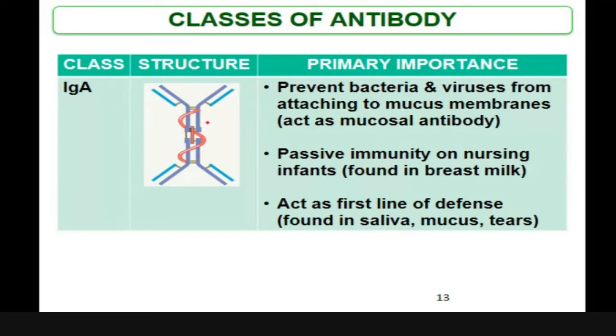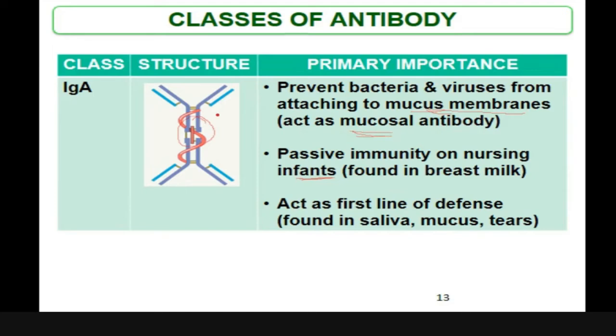IgA pula. IgA is a combination of 2 antibodies. It will prevent bacteria and viruses from attaching to mucous membrane. Ni contoh mucous membrane biasa kita dekat hidung kita, dekat esophagus, dekat trachea. Right. Passive immunity on nursing infants. Jadi dia banyak ada dalam mucosal surface.